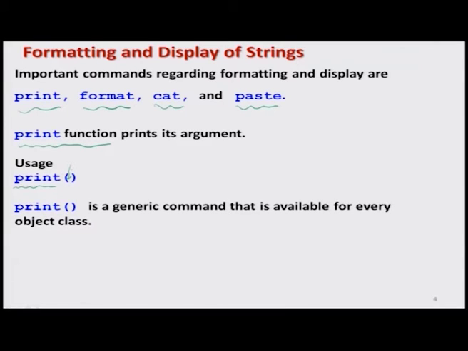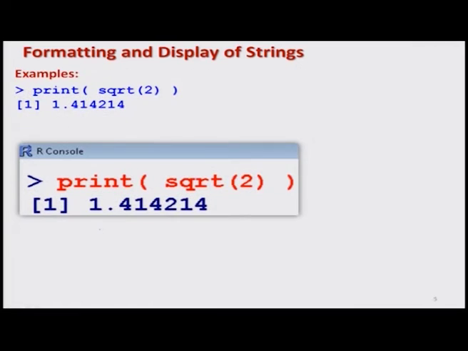And the advantage of using print function is this, that print is a generic command and which is available for all sorts of object classes. If you remember, we had discussed different types of object classes like character, number, data frame and list. So, print can be used in all the classes without any problem. So, now let us try to take some example and we try to understand how to get it done.